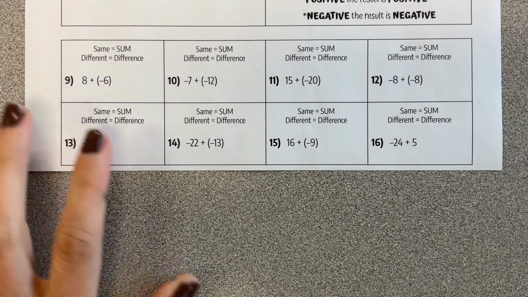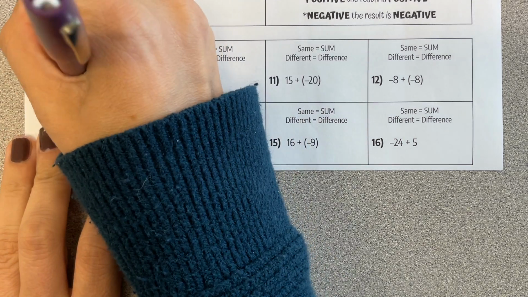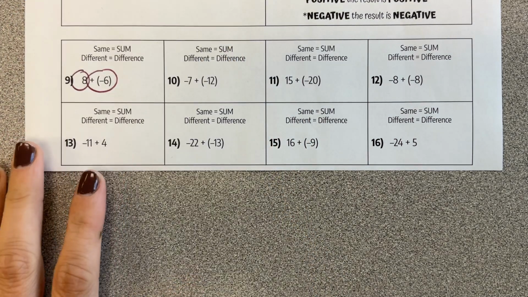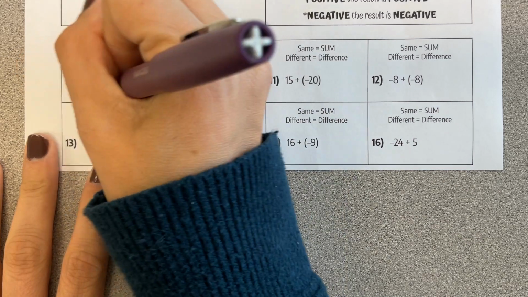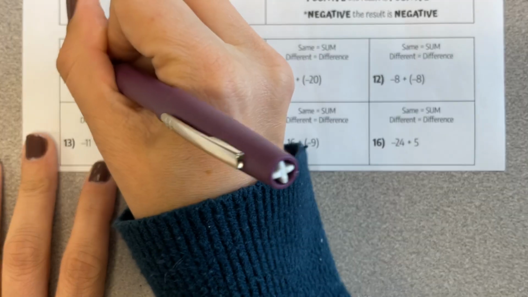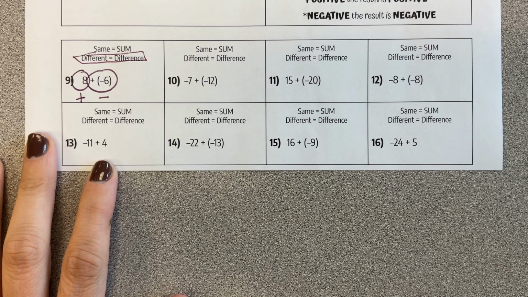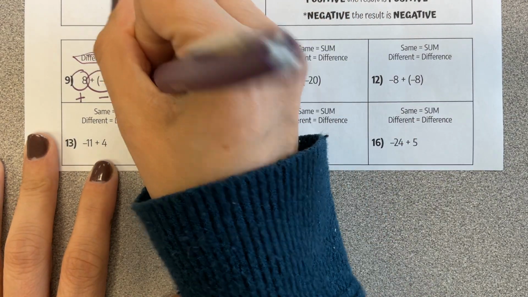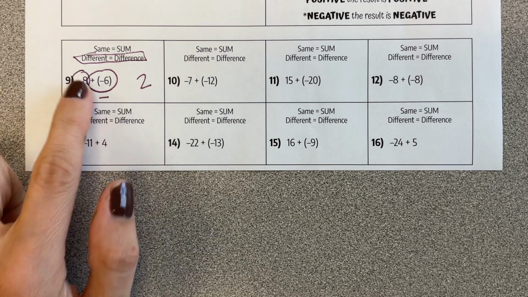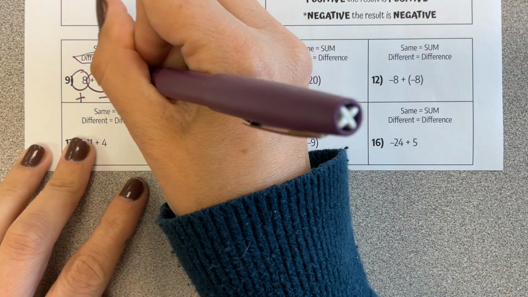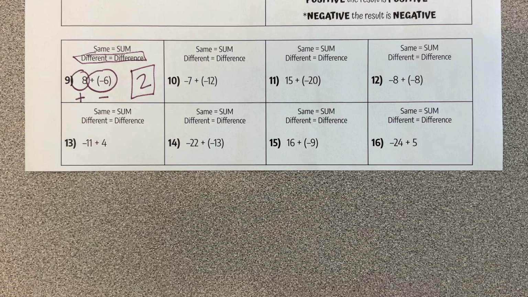I like to circle my operations to the left as well. So we have a positive and a negative. They are different. We are going to find the difference between 8 and 6, which is 2. We had more positives than negatives, so it is a positive answer.